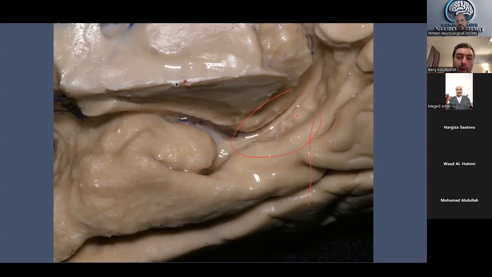Also superior to the dentate gyrus, there is the fimbriodentate sulcus, and superior to it, there is the fimbria. So there are, again, three structures from superior to inferior: fimbria, dentate gyrus, and parahippocampal gyrus. The parahippocampal gyrus is closely related to the hippocampus, which I'll be speaking on when we look at the uncus.